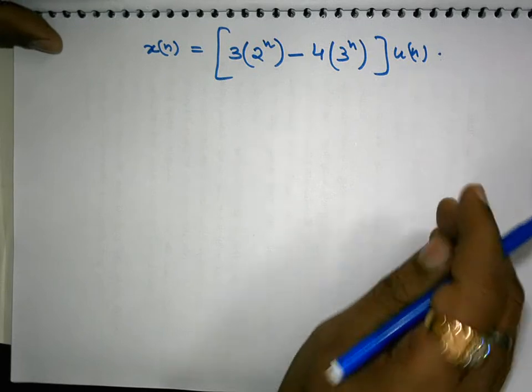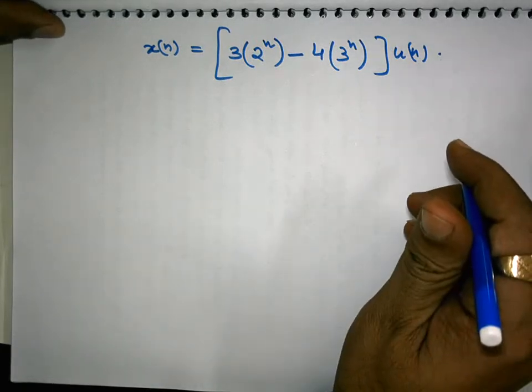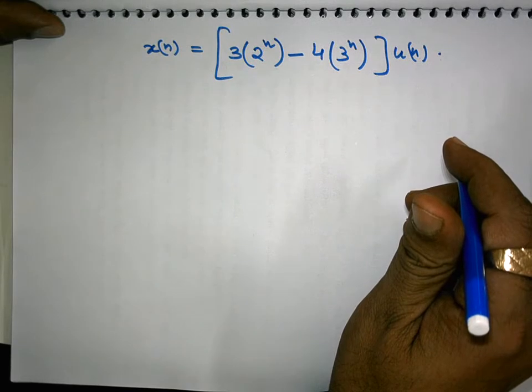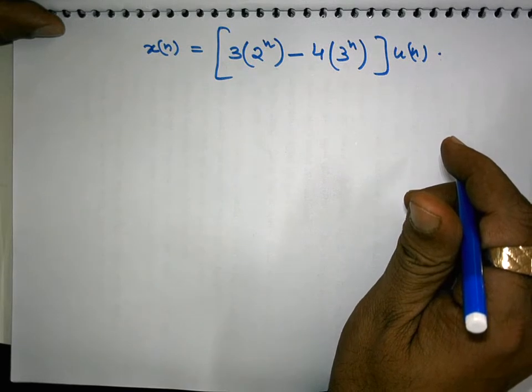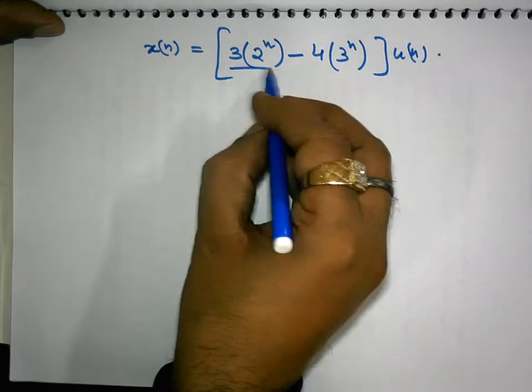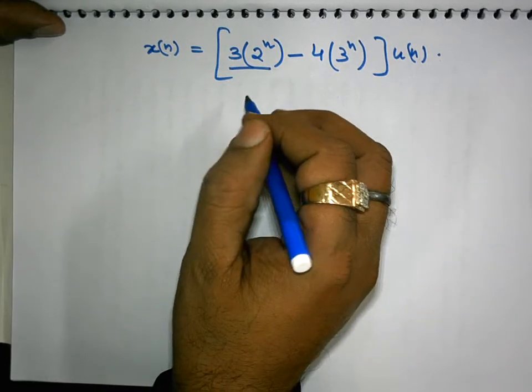Okay. As you are looking, this signal is simply the sum of two basic signals that we have gone through so far. The very first signal is, say, this signal.